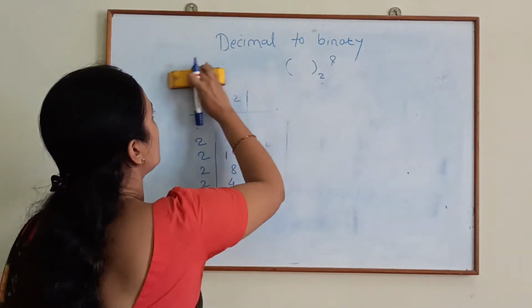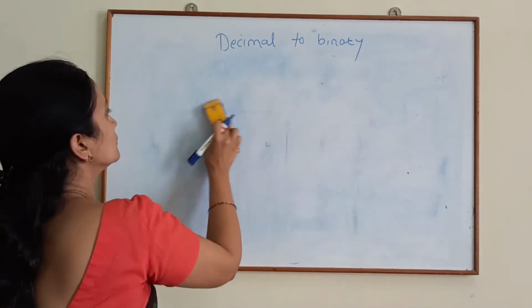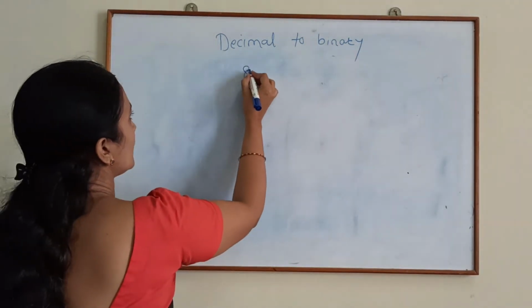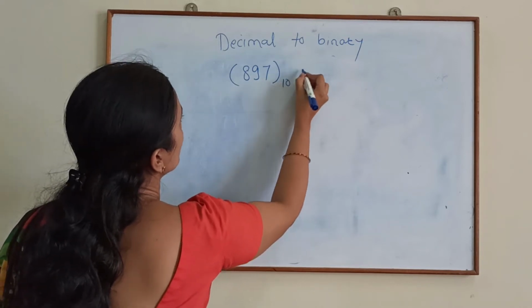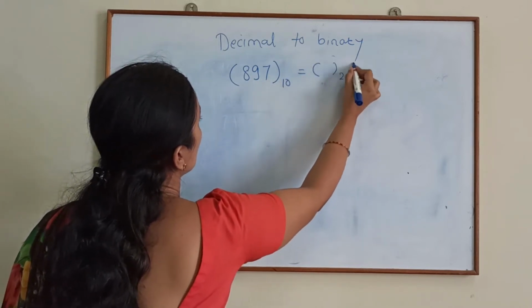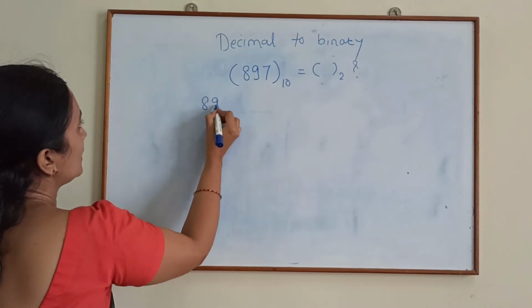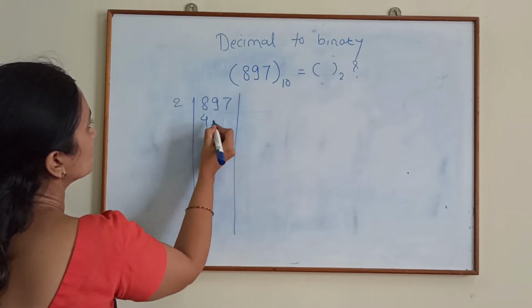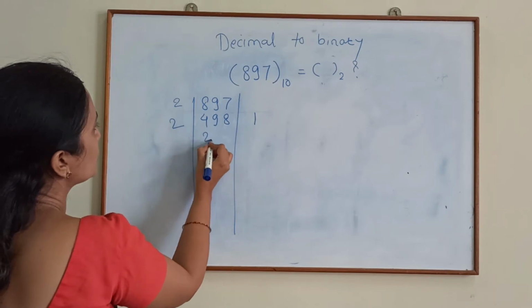And one more example we will take. Last example. 897, decimal number to binary equivalent. 897 divided by 2. Again divide by 2.